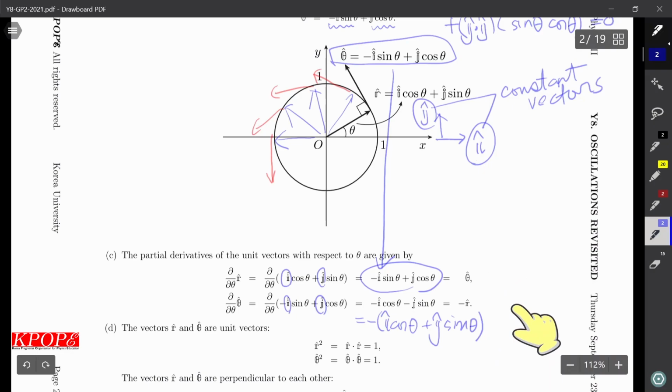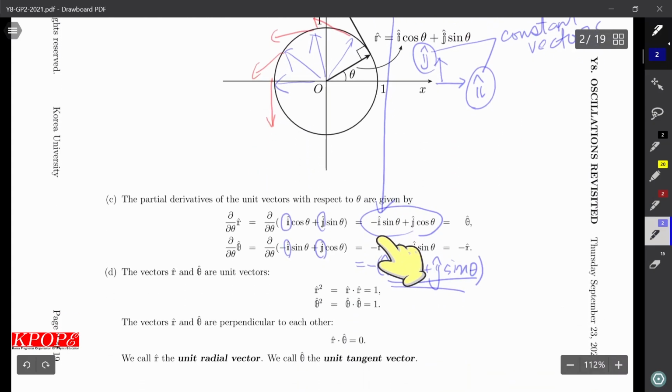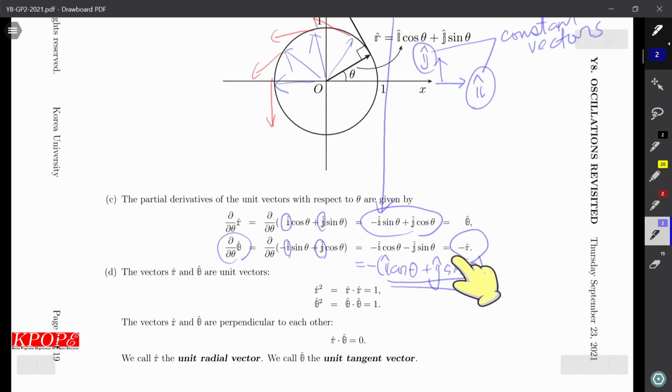Hence, this is minus the unit radial vector. Therefore, this value is the opposite unit vector relative to the unit radial vector.